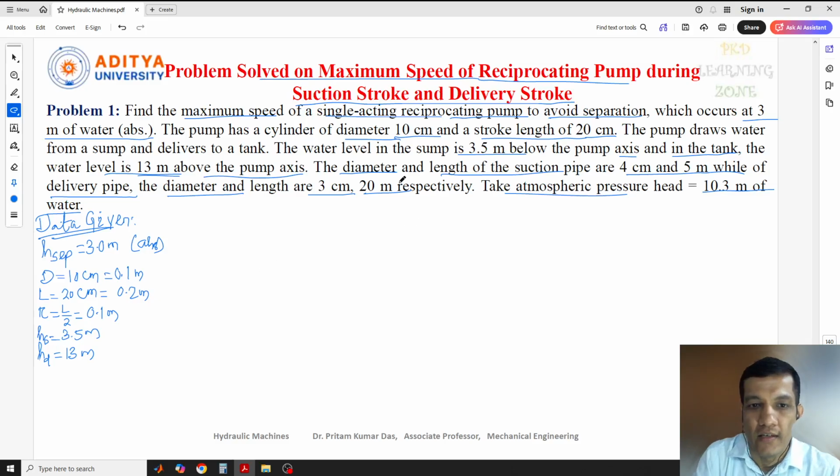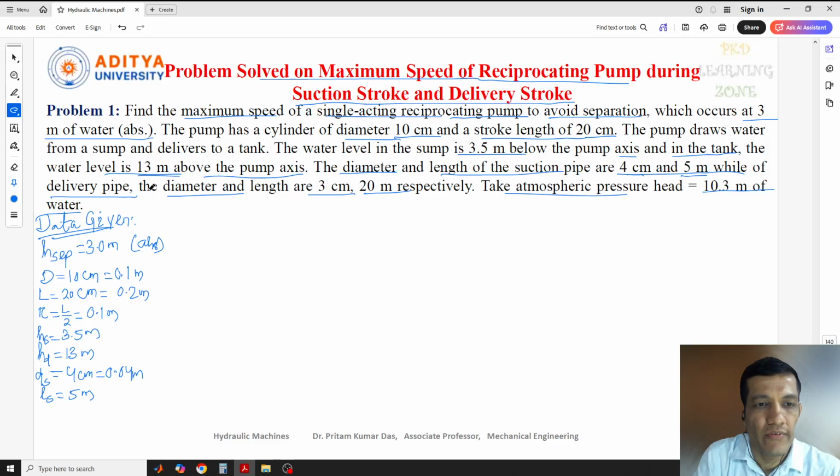Next, the diameter and length of the suction pipe are 4 centimeter and 5 meter. So suction pipe diameter DS is given 4 centimeter, similarly this also you can write 0.04 meter, and the length LS is given 5 meter. This is the suction pipe.